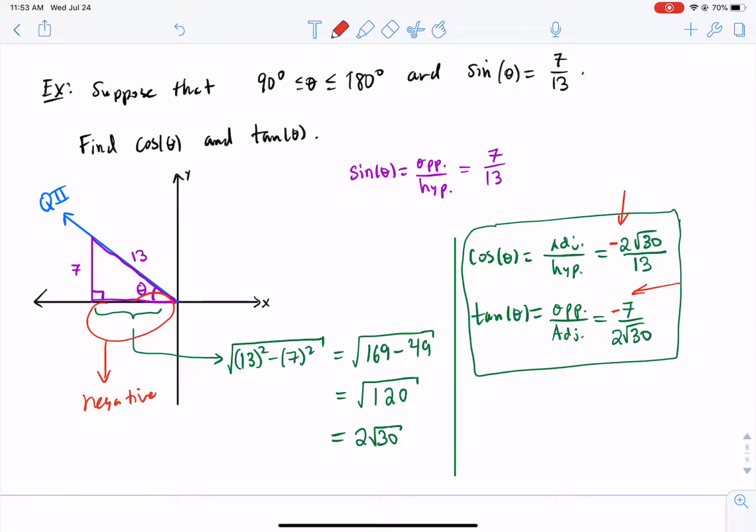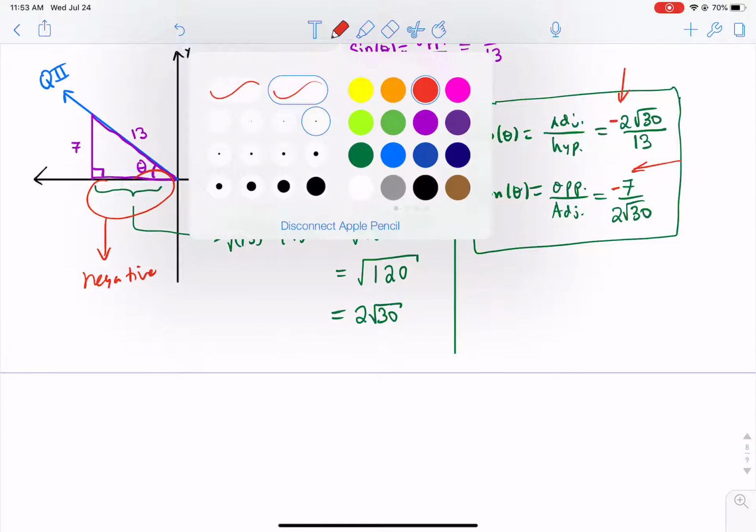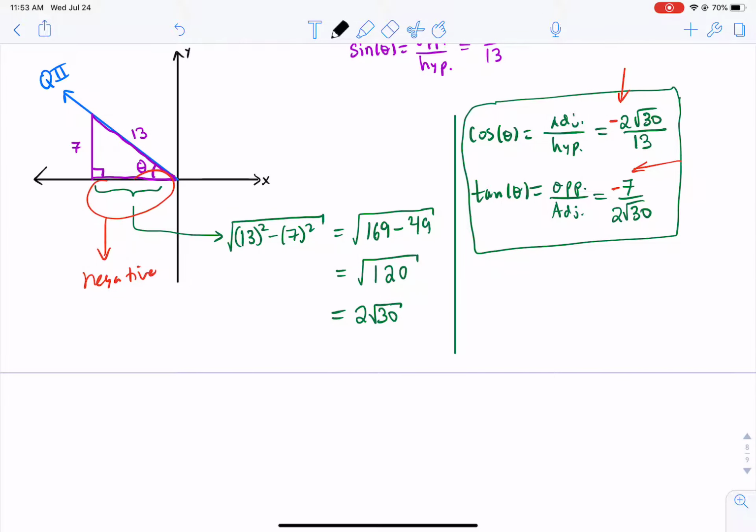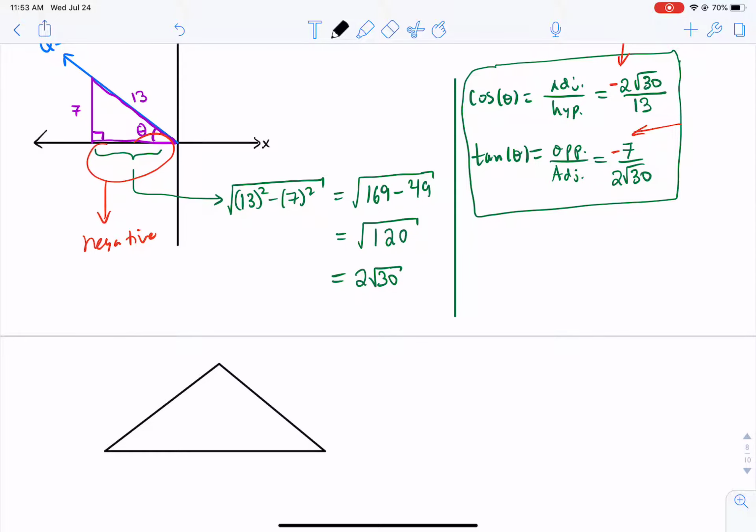Yeah, it's fine. So here is something for the future, which is not so bad, for later on. Imagine that I give you a triangle, any triangle. It doesn't have to be a right triangle, like this. What you know here is that this angle is theta.